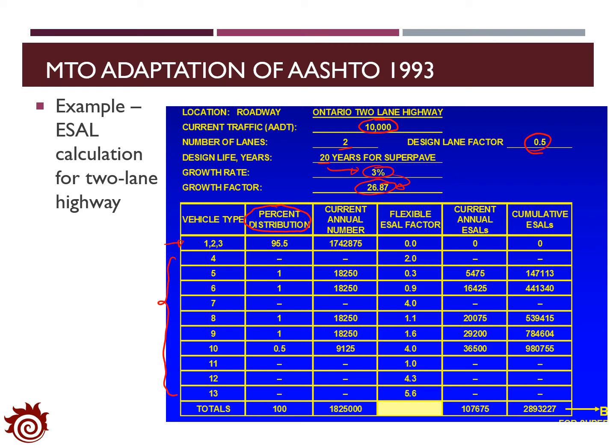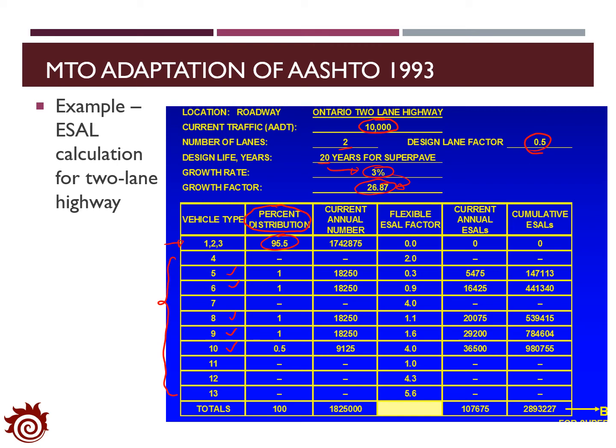For the ADT, we have 95.5% of the traffic as passenger cars, and the remaining 4.5% are trucks. We do not have any trucks for classes 4, 7, 11, 12, and 13. Their percentage for classes 5, 6, 8, and 9 are all 1%, and for class 10 it is 0.5%.